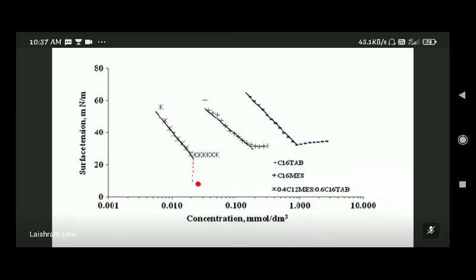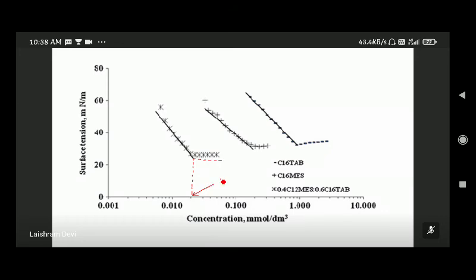Why critical micelle concentration? Because here your micelle formation has started, and whatever surfactant or detergent you add, there is no space available on the surface of the liquid for the surfactant. So whatever you add will be in the form of micelles. That's why there will be no further decrease in the surface tension, and you can see a horizontal line or constant value of surface tension after the CMC.